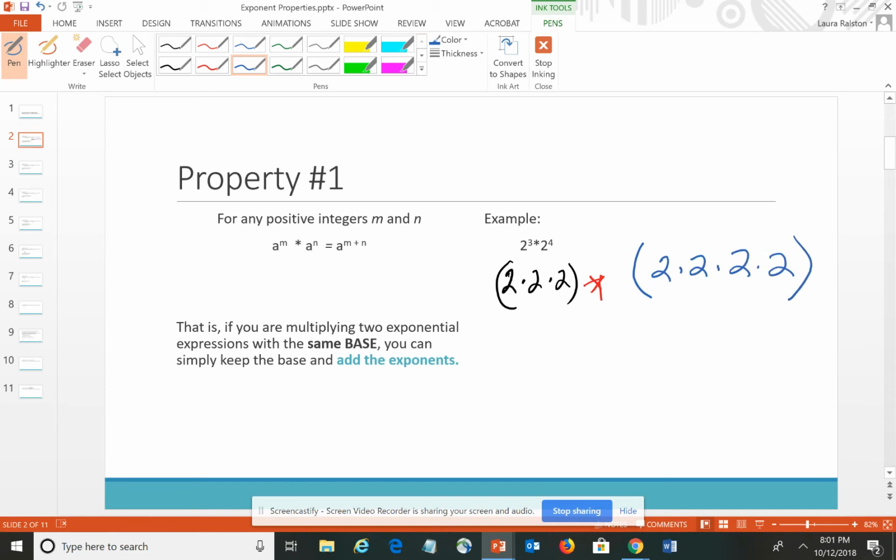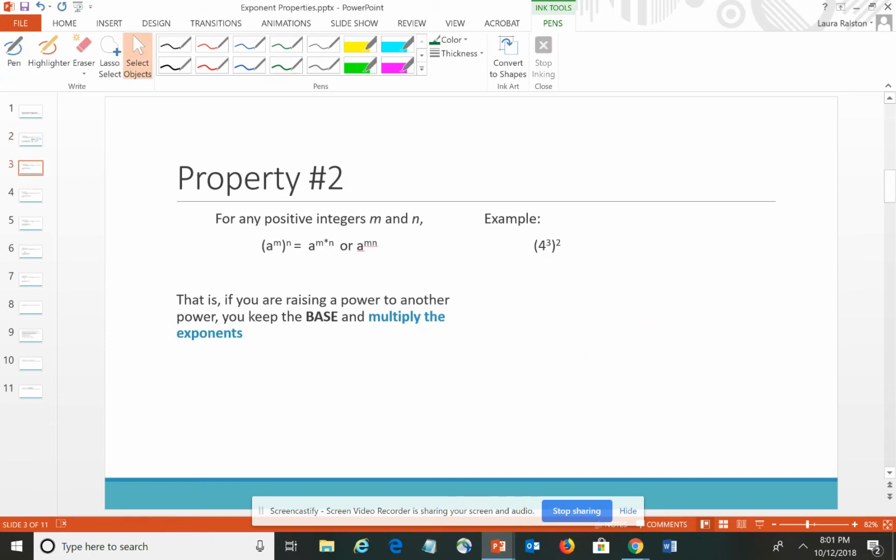So hopefully you realize we have a repeated multiplication with the value of 2, and there are actually 7 of them. So we could write that in exponential notation as 2 to the 7th. And if you'll notice, that is the same as 2 to the 3 plus 4 if you add the original exponents. So really the properties are based on the definition of exponents.